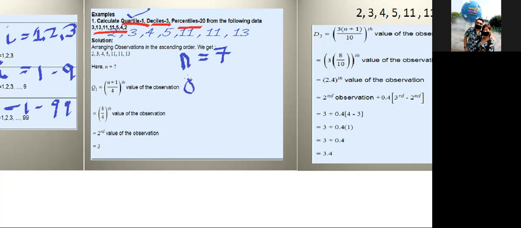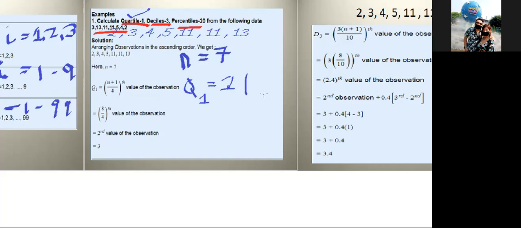So here, your i for the first quartile will be 1, right? So i can be 1, 2, and 3 because we're talking about quartiles. So we have 1. You can write it, or you won't write it. It won't change anything. So i times n plus 1.